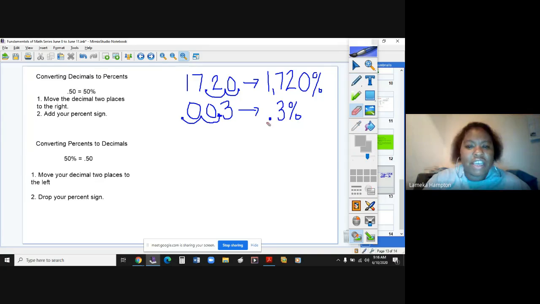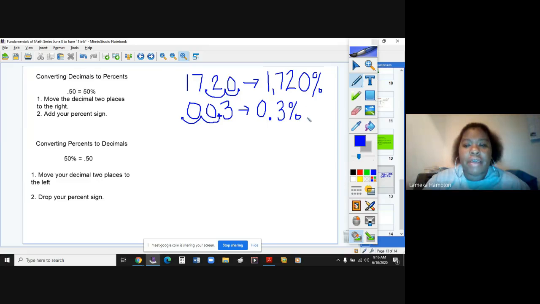And let me also say this as well. You can add your first zero in front of that if you would like. But it really doesn't matter. It just depends on your preference. In most cases, some answers may actually look this way.